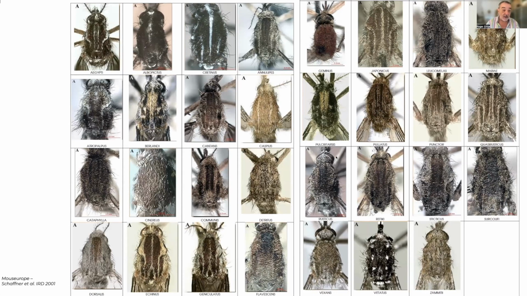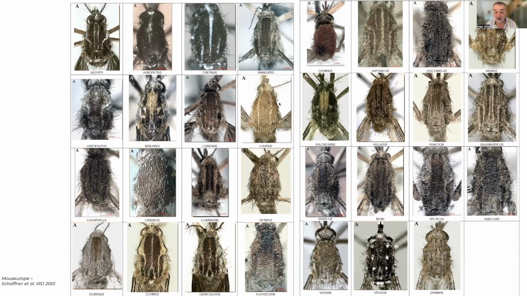For the thorax, for instance, everyone is building fact sheets and reminders like this one. These are all the thoraxes from the mosquitoes of the genus Aedes in Europe, so even invasives like japonicus or albopictus.